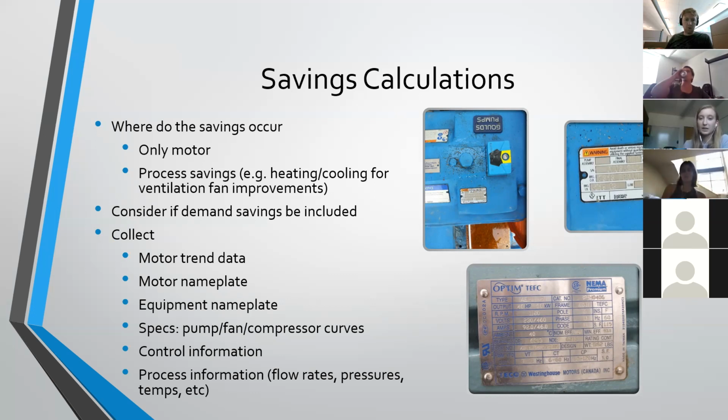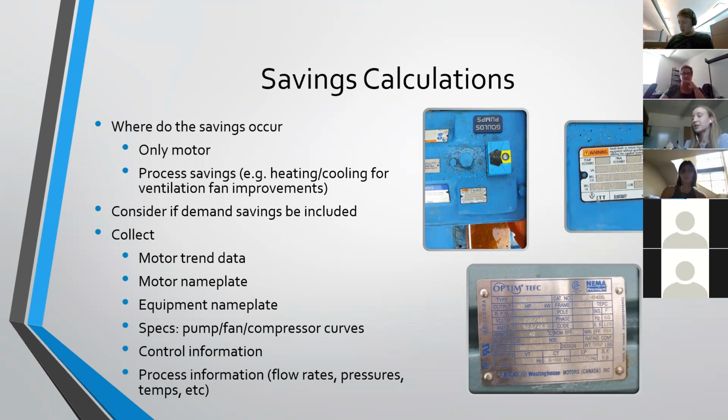Are you only getting savings from your motor? Or are you also getting some process savings? For example, on a ventilation fan that's blowing air over heating and cooling coils, if you use a VFD on that, you're not only going to get fan energy savings, you'll probably get some heating and cooling savings too. So always keep in mind what your equipment is impacting.